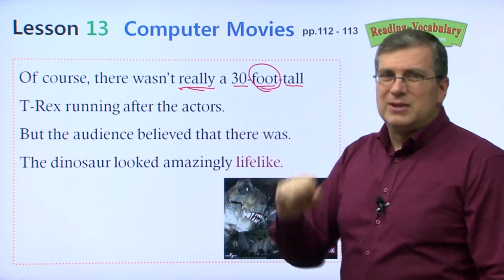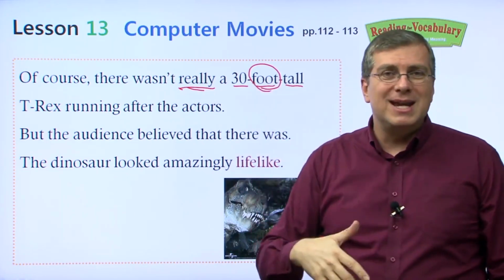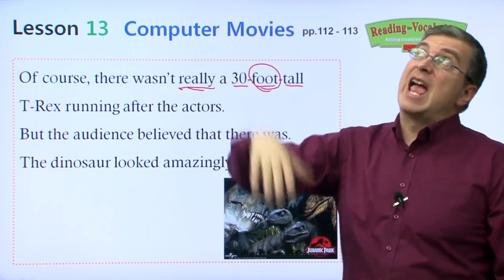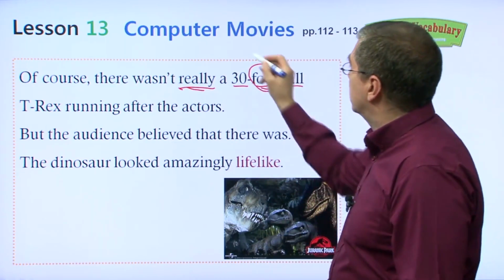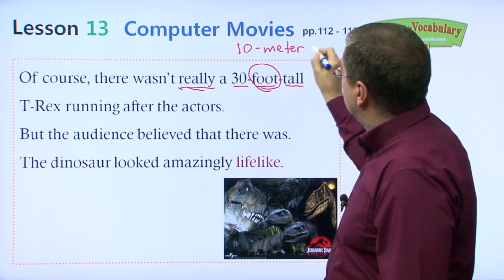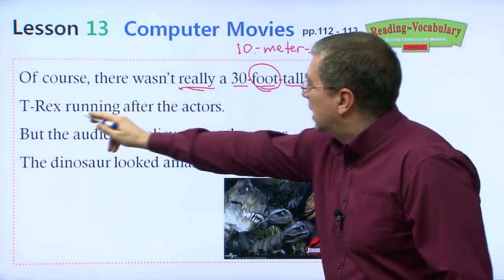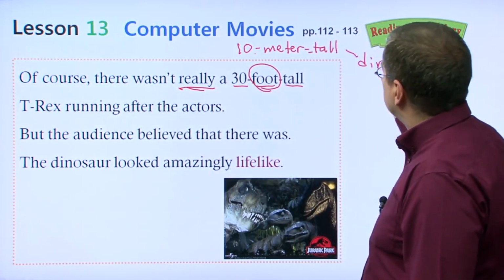So roughly 30 feet divided by 3, that's 10 meters. So that's pretty tall, isn't it? A 10-meter tall dinosaur, right? That's really tall. A 10-meter tall. And notice I'm using these hyphens because I'm using the noun. 10-meter tall dinosaur.